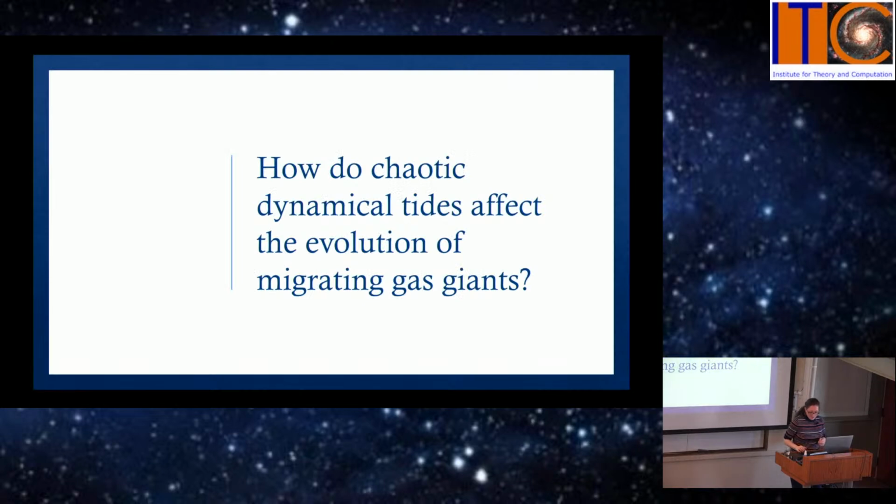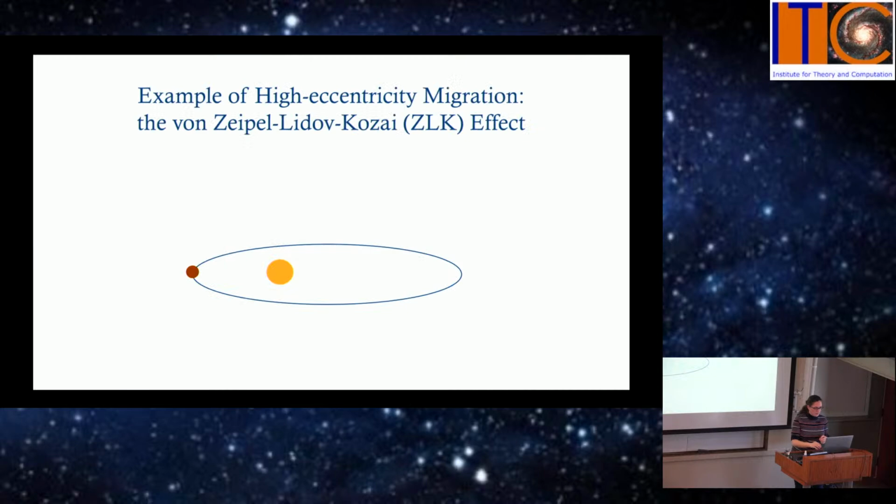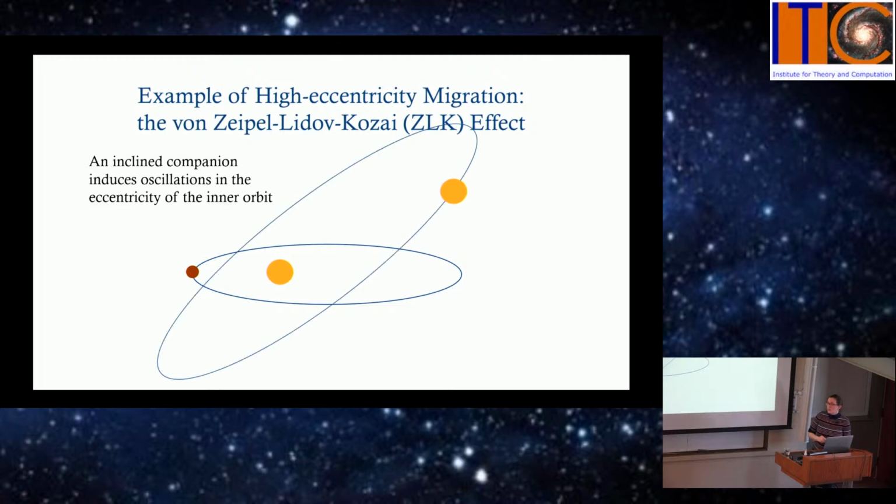So we can ask how chaotic dynamical tides affect the orbital evolution of a migrating gas giant. We'll look at two flavors of high eccentricity migration. The first is the von Zeipel-Lidov-Kozai effect. So far we've just been looking at a system with a star and a planet, and now we'll throw in another star.